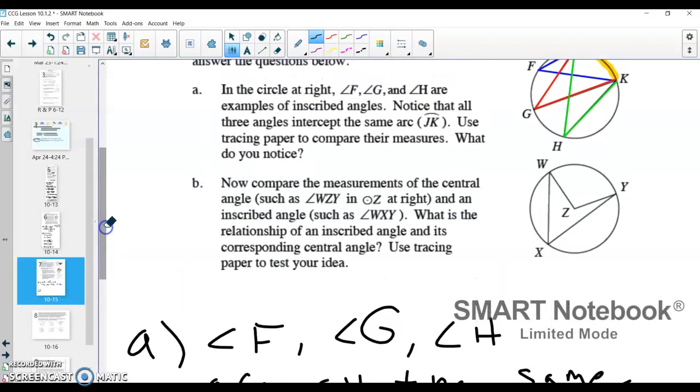Okay? And then that brings us to part B here. It says, now compare the measurements of the central angle, so WZY, that central angle, and the inscribed angle WXY. What is the relationship of the inscribed and the corresponding central angle?